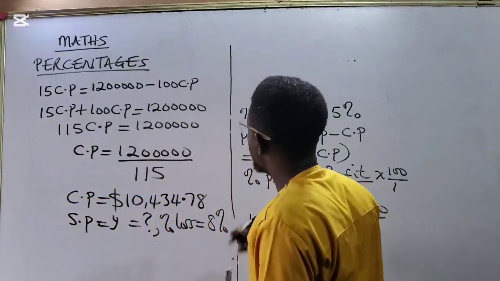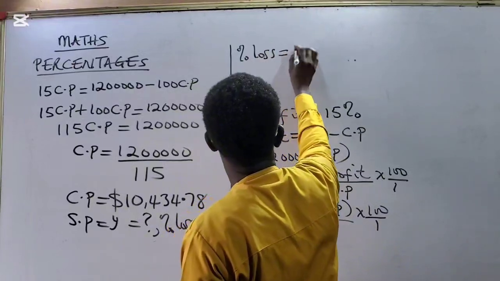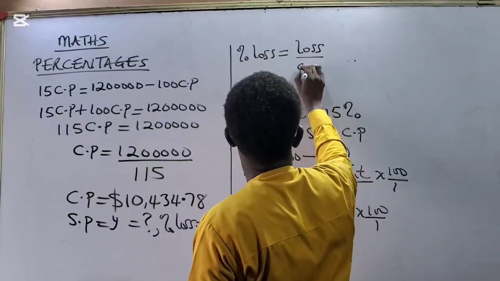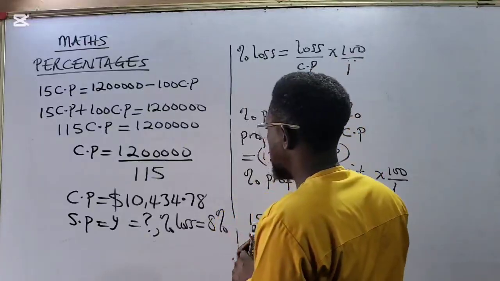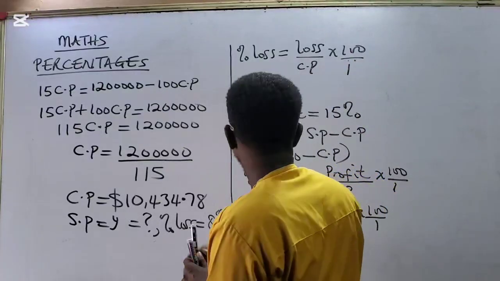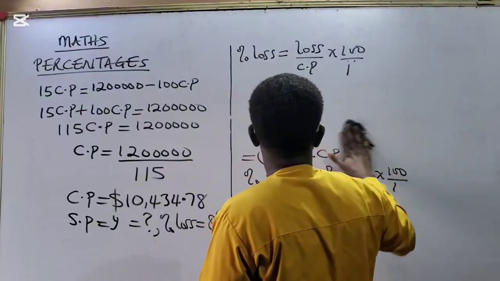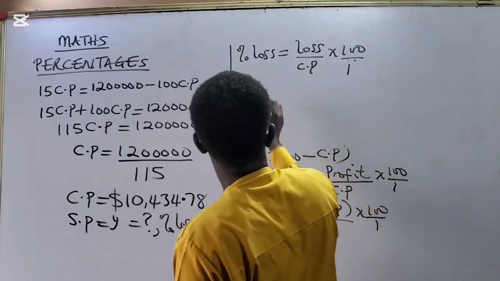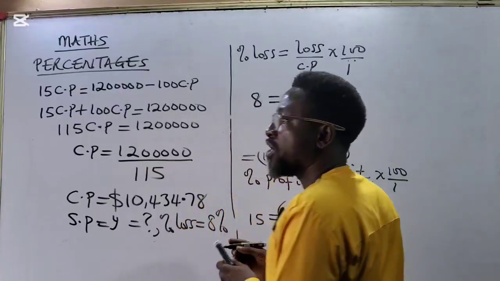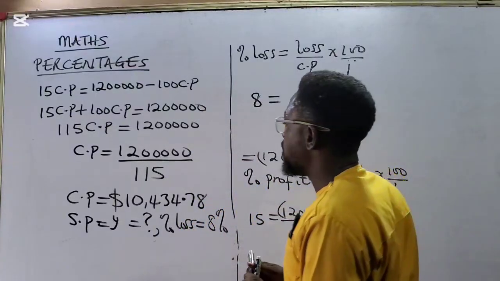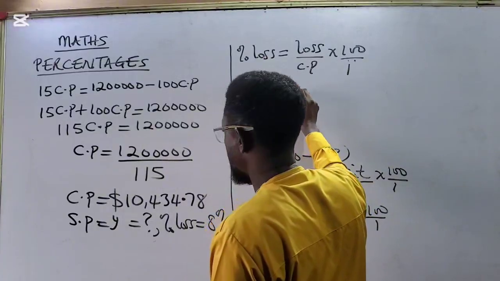Remember, we are going to make use of the formula for percentage loss, which is loss over cost price times 100 over 1. Loss is cost price minus selling price.